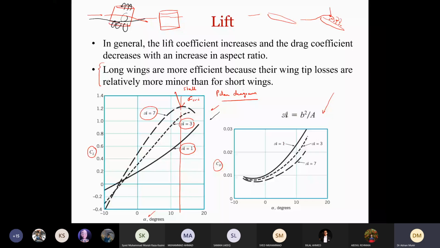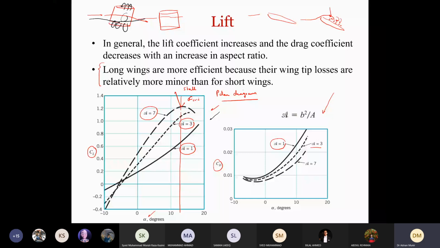When the aspect ratio is 1, the drag coefficient is more as compared to when aspect ratio is 3, and which is even more as compared to aspect ratio of 7. So as we increase the aspect ratio, the drag coefficient is decreasing, right? So we'll discuss this with reference to wingtip vortices in detail also.